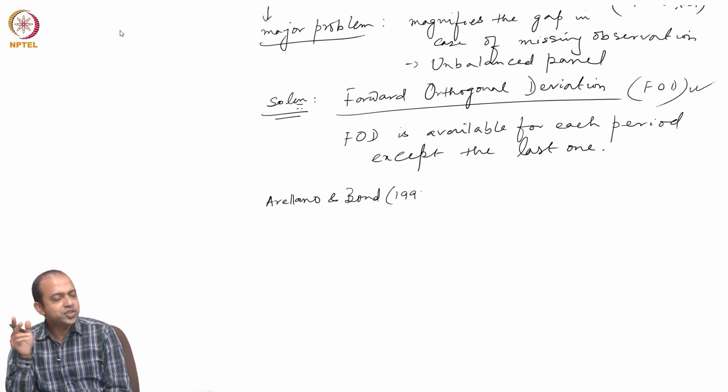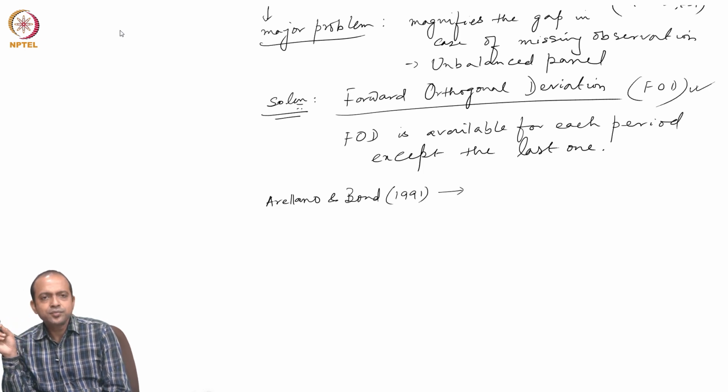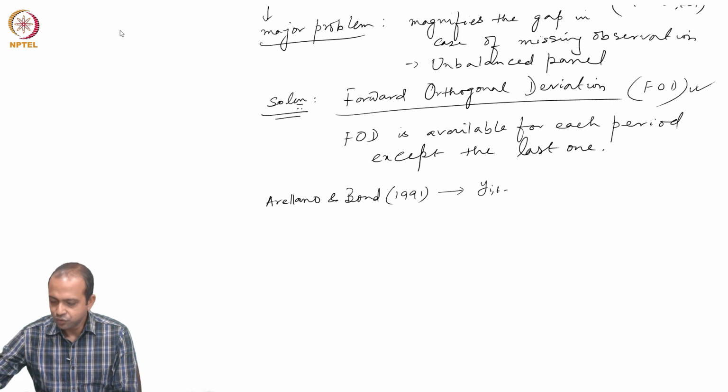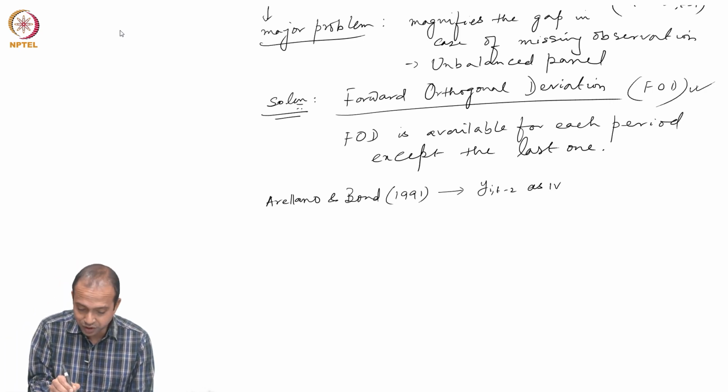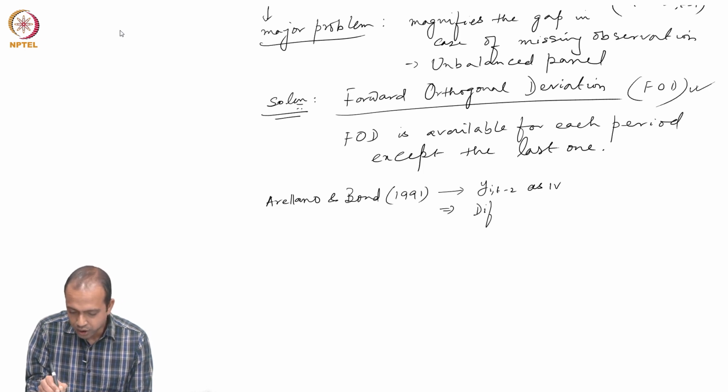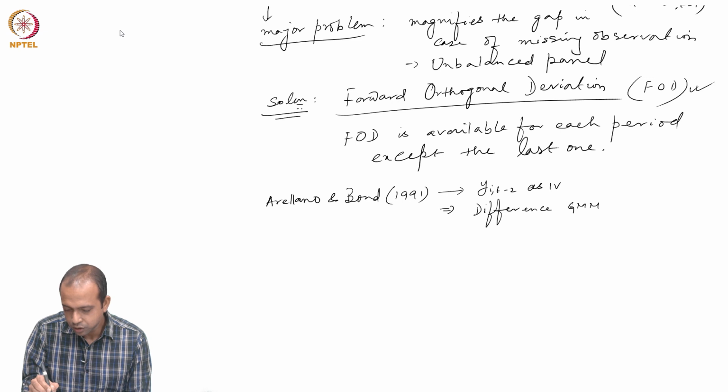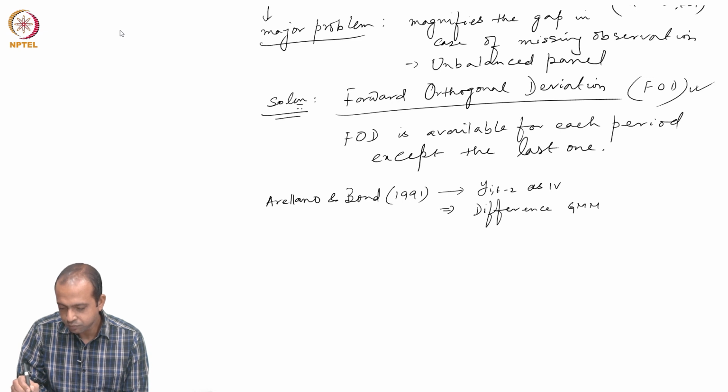But what we have mentioned is that when your equation is transformed, that means we got this equation. I will write the equation once again for your understanding. yit equals rho yit-1 plus beta xit plus ai plus vit.